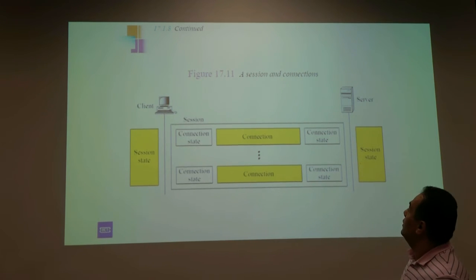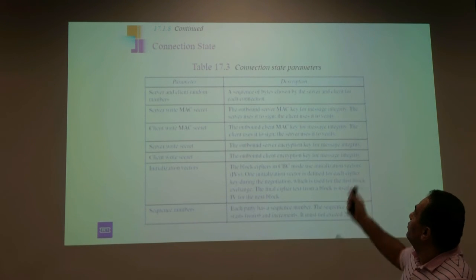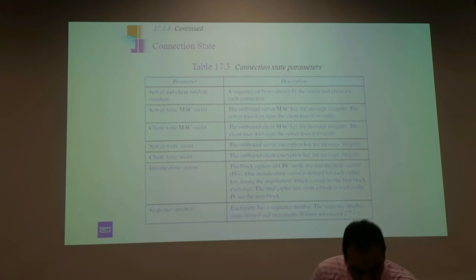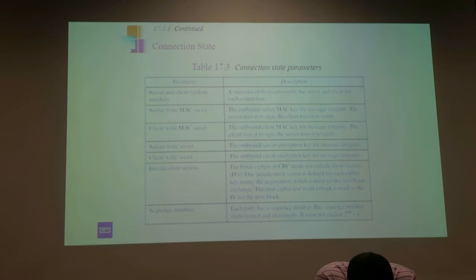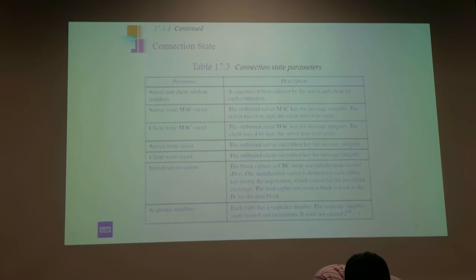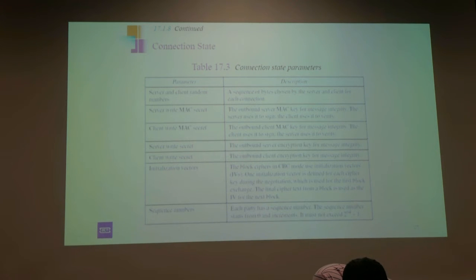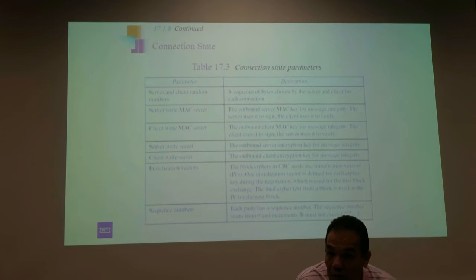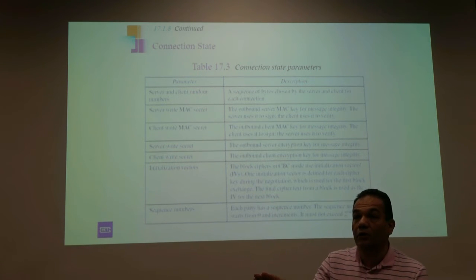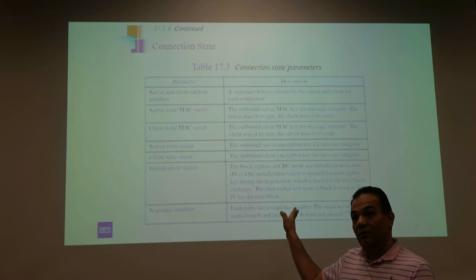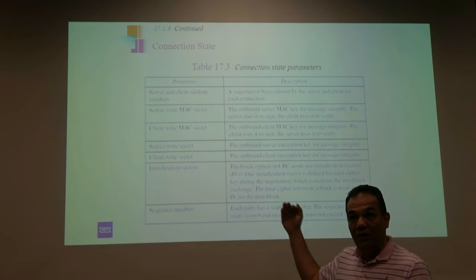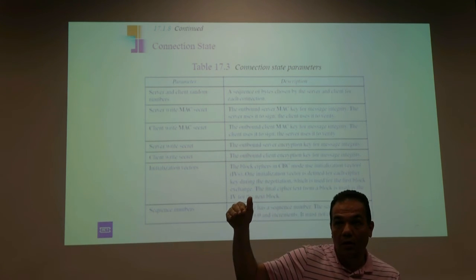Here, these are the connection state parameters. SSL uses two attributes to distinguish cryptographic secrets, write and read, all right? Because the client could write to the server or could read from the server.